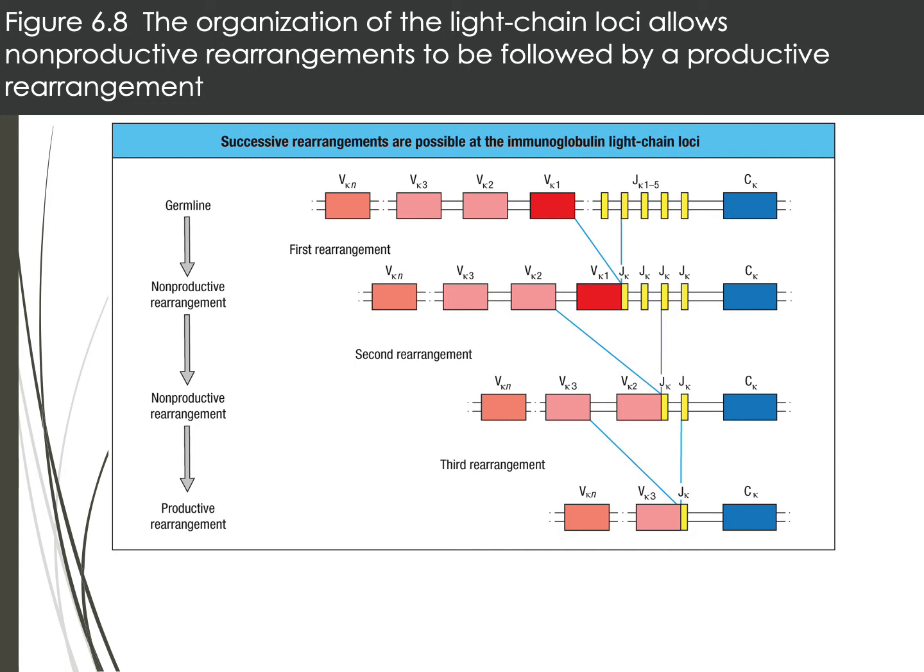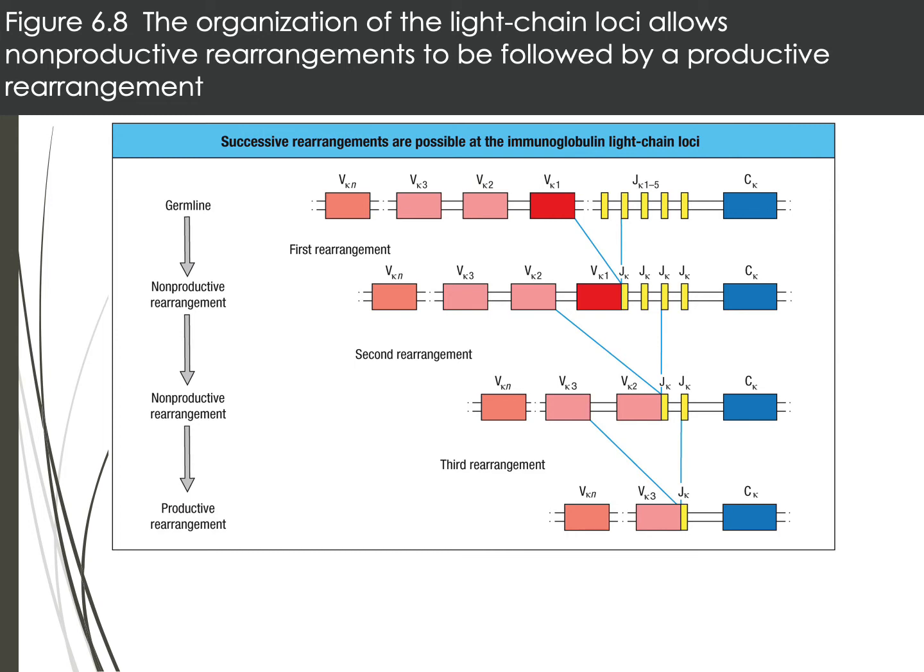So it's going to go back and use variable 2, and the third joining that was left. And okay, well, that still doesn't work. So let's take variable 3 and the last joining that we have left and make another one. And that one finally gives us a productive light chain.